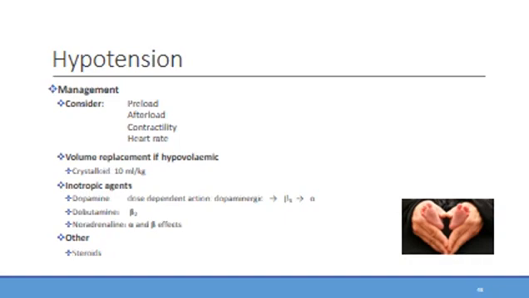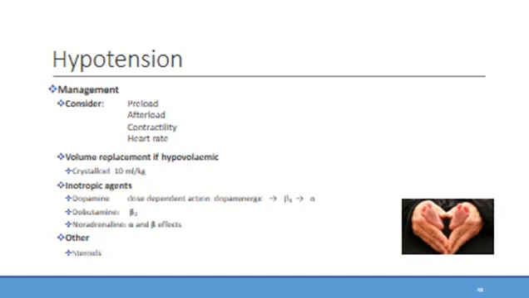The first line of treatment could be volume replacement, especially if the baby is expected to be hypovolemic. In this case, one can administer crystalloid fluids such as normal saline or Ringer's lactate at a dose of 10 ml per kilogram that we usually administer over 30 to 60 minutes.